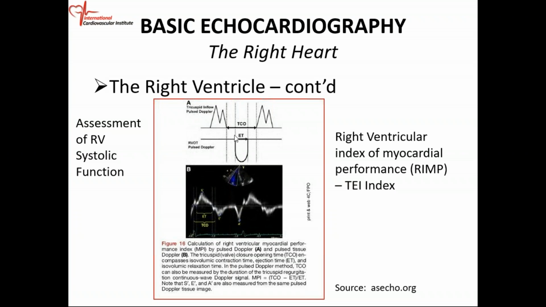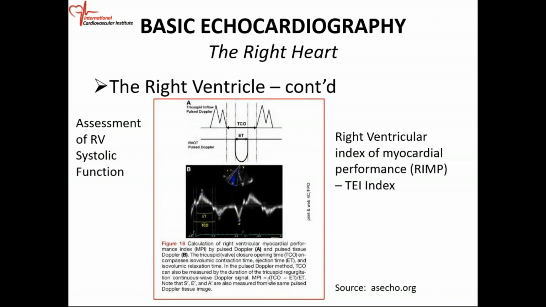If you subtract the ejection period from tricuspid valve closure to tricuspid valve opening, you're going to be left with IVCT and IVRT. So you can also rewrite the equation as IVCT plus IVRT divided by ejection period.